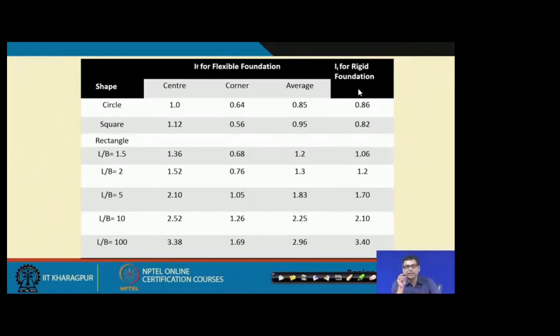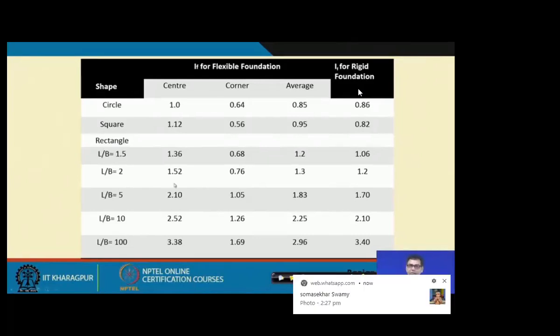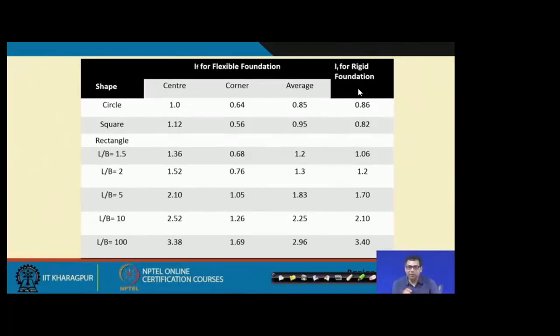Then we apply a rigidity correction of 0.8 for the rigid foundation. So, we will use only the I_F value of the flexible foundation at the center, for both flexible and rigid foundations. For the flexible foundation we will not apply any correction, but for the rigid foundation settlement we will apply a rigidity correction, which is 0.8.